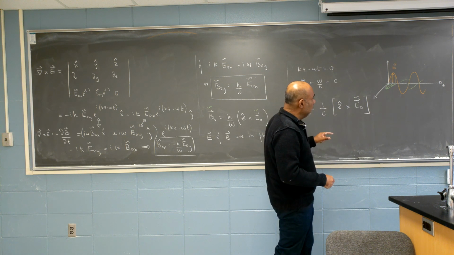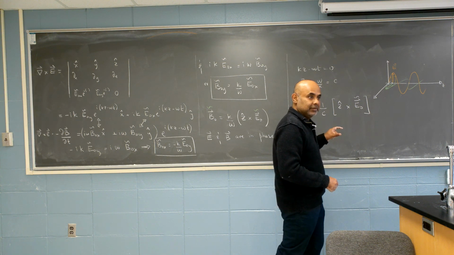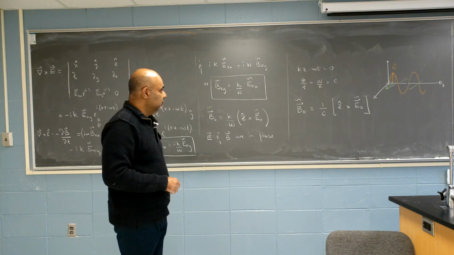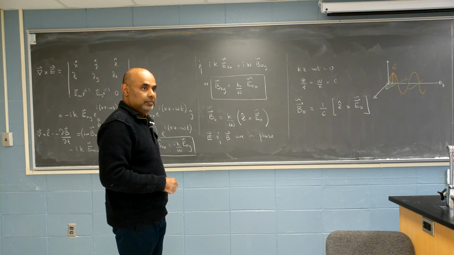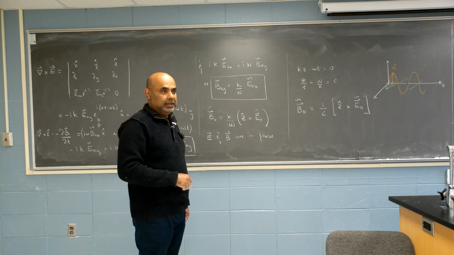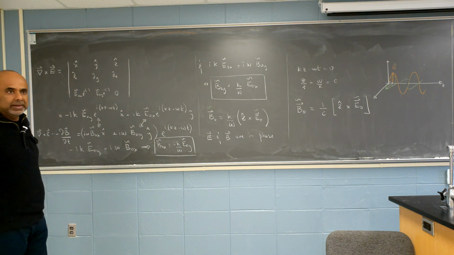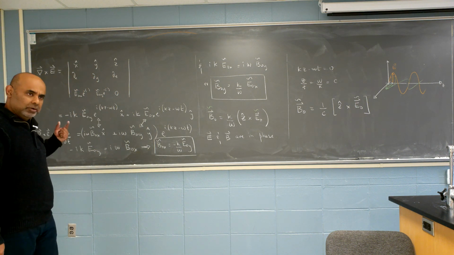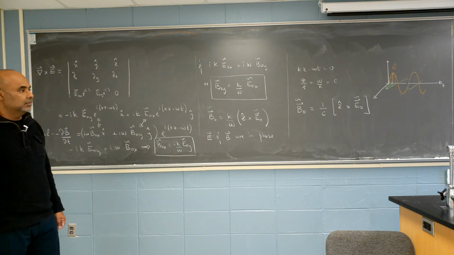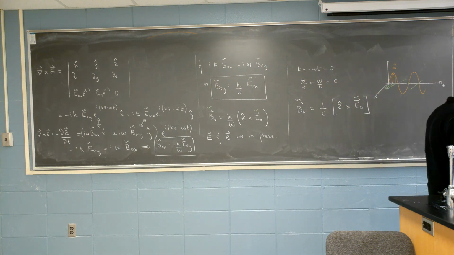And E and B oscillate perpendicular to each other, in phase. And that is how plane electromagnetic waves propagate. You can have more complicated waves. We picked a nice wave going in the z direction. Any questions?